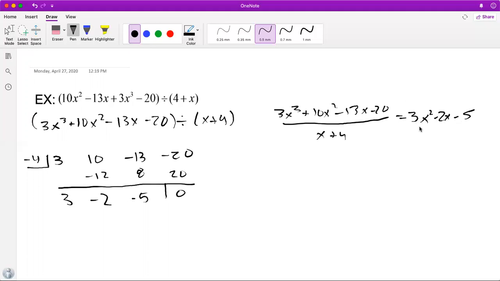And this is equivalent to saying 3x squared minus 2x minus 5 times x plus 4 equals 3x cubed plus 10x squared minus 13x minus 20.